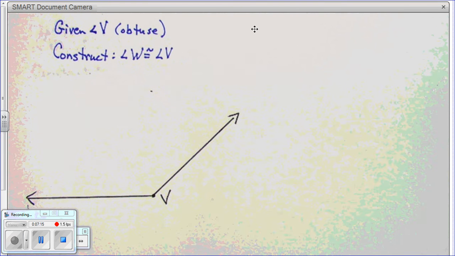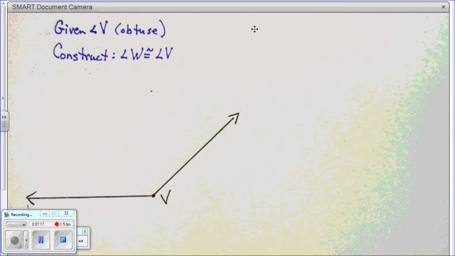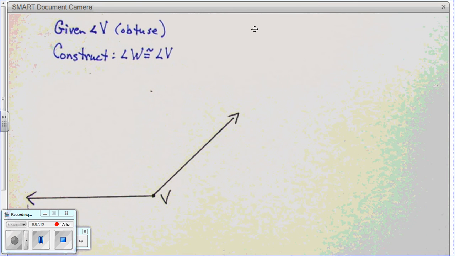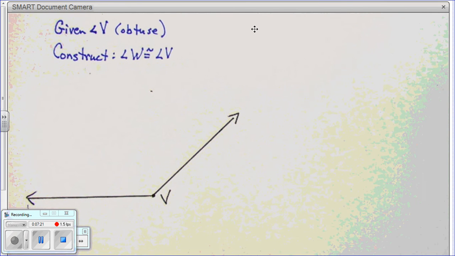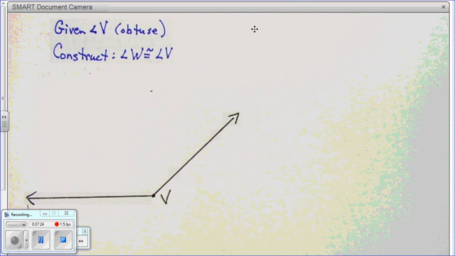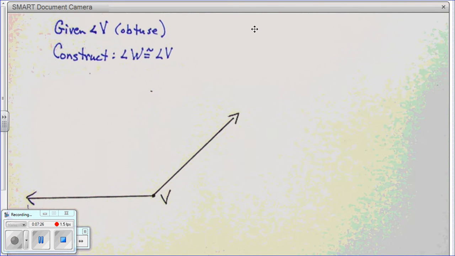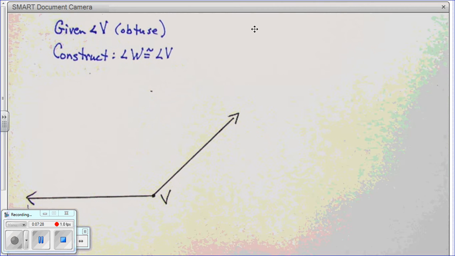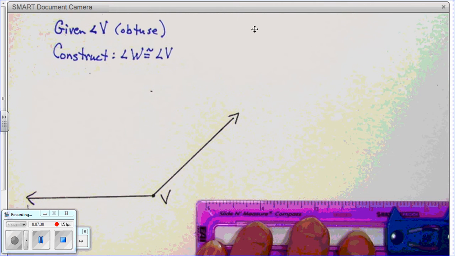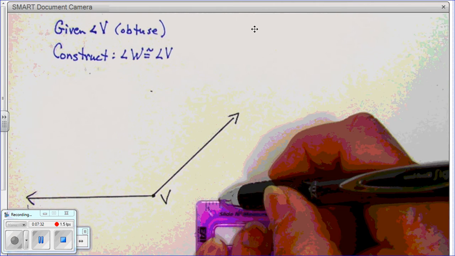Okay? Now, what is the first step for constructing a congruent angle to V? Well, I hope you said we need a working line or a working ray. So I'm going to draw the one on the bottom here.